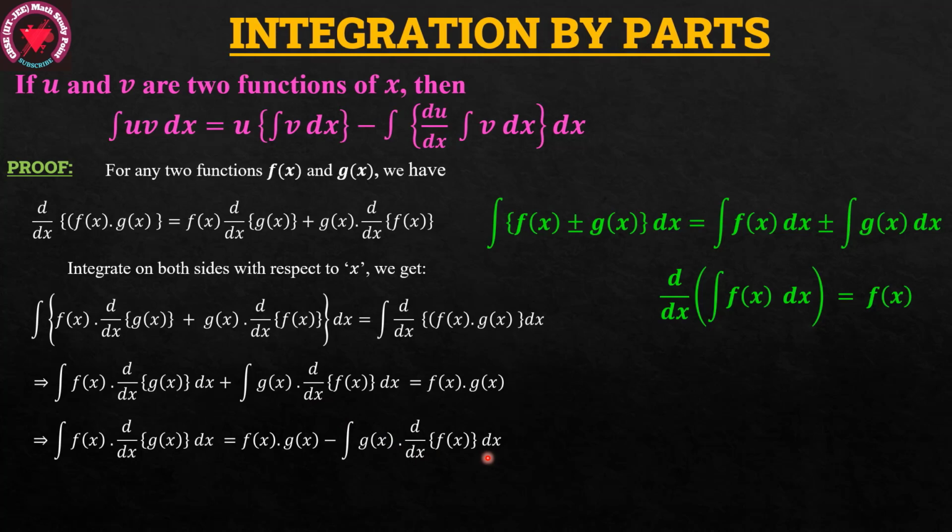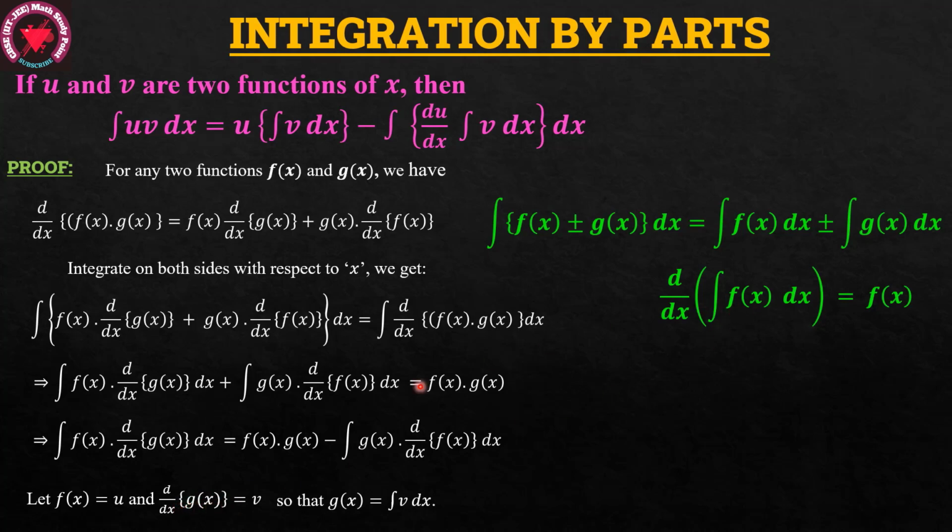minus integral g of x into d by dx of f of x dx. Now here the function f of x we are taking as a new function, that is u. So let f of x be equal to u, and d by dx of g of x we are taking as v. Then if we integrate this function on both sides, what will we get? Integral of d by dx of g of x.